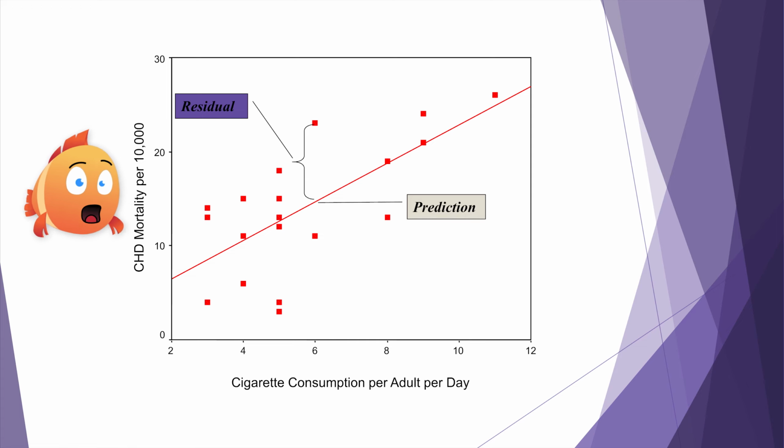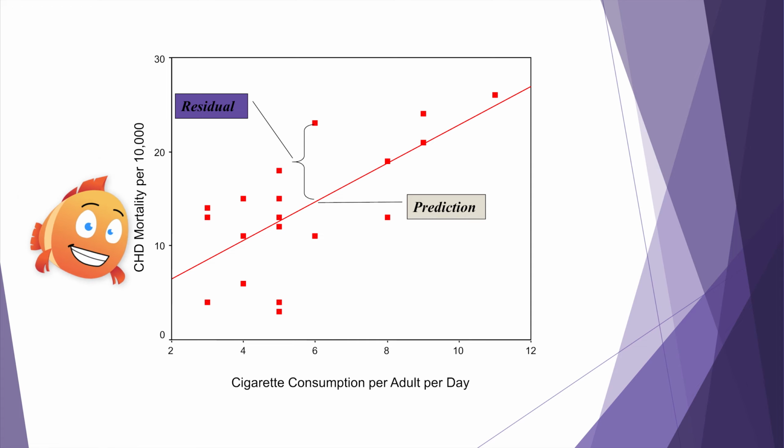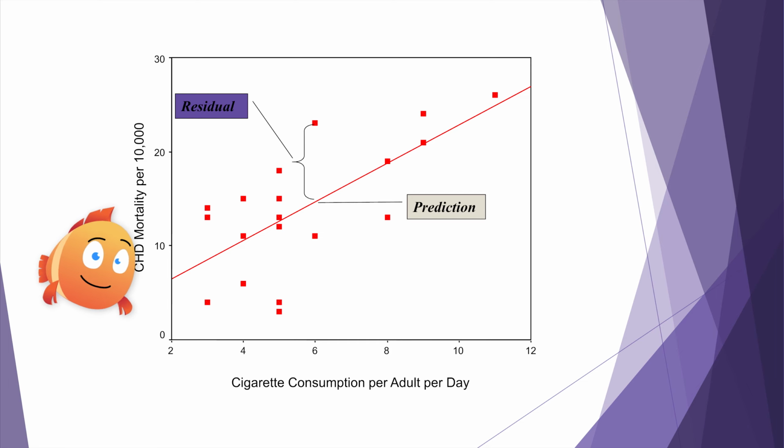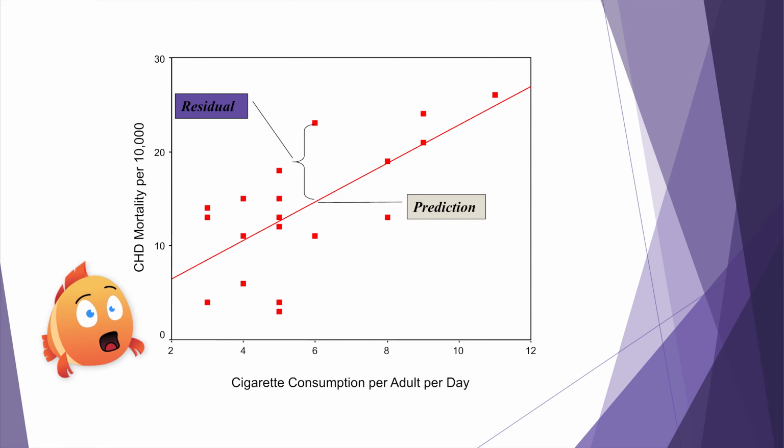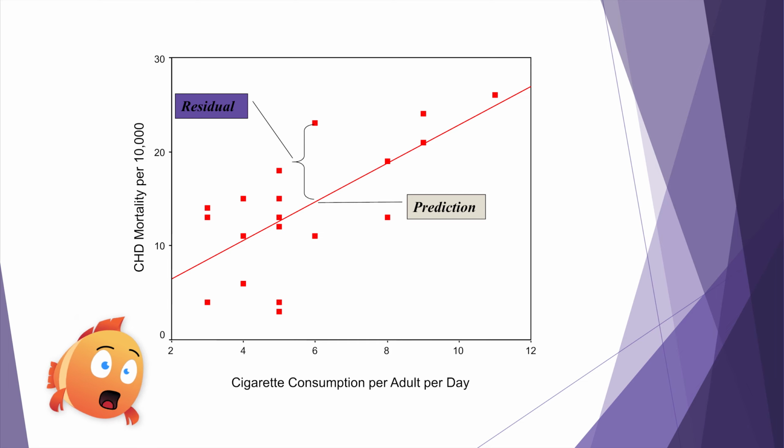This line is a regression line where we're predicting mortality from cigarette consumption. From here it's symmetric because we only have 2 variables, but anyway, that red line down the middle is our prediction, and the difference between our red line and our dot, which is our actual observed value, is the residual. So it's the discrepancy between our observation and our prediction. Are we following?